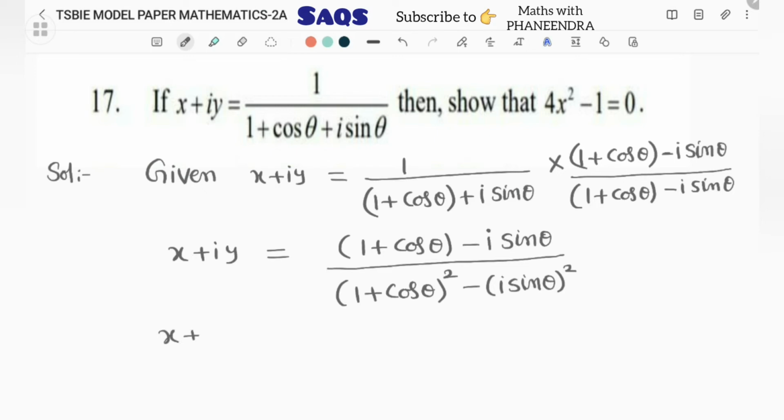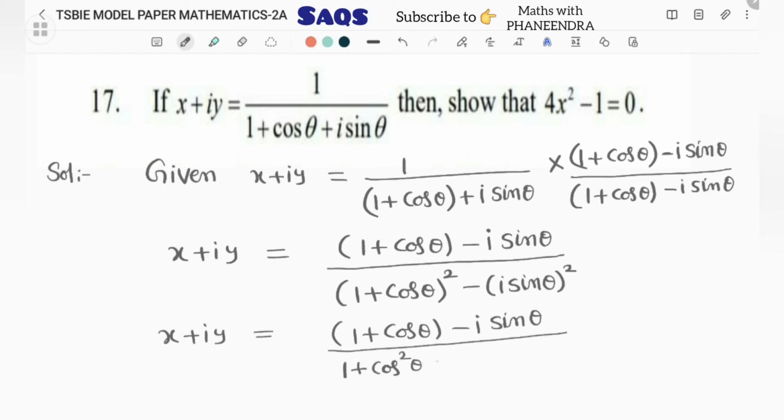So x plus iy is equal to 1 plus cos theta minus i sin theta divided by a plus b whole square formula: 1 plus cos square theta plus 2 cos theta, i sin theta whole square. i square means minus 1. So minus sin square theta.